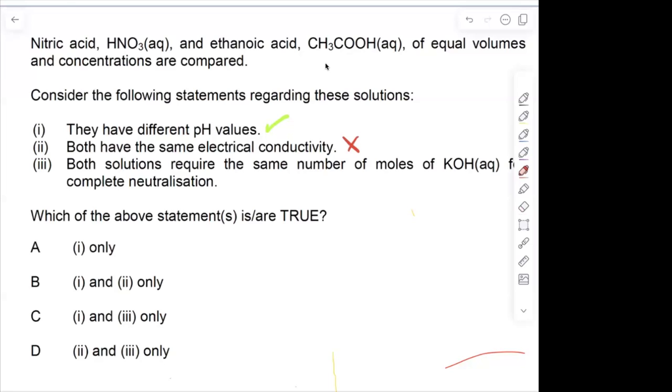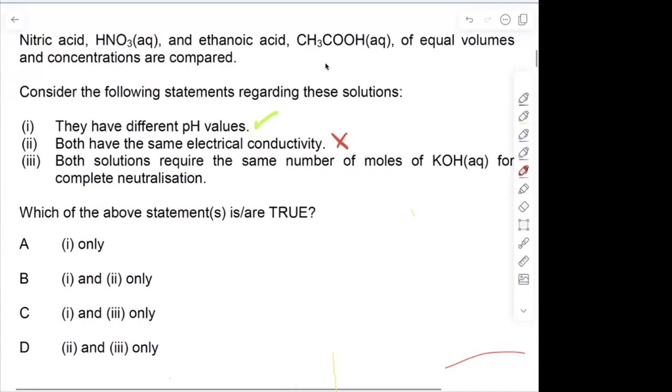All right. Then number 3, both solutions require the same number of moles of KOH for complete neutralization. Sorry, apologies. Both solutions require the same number of moles of potassium hydroxide for complete neutralization. Sorry, that is true.